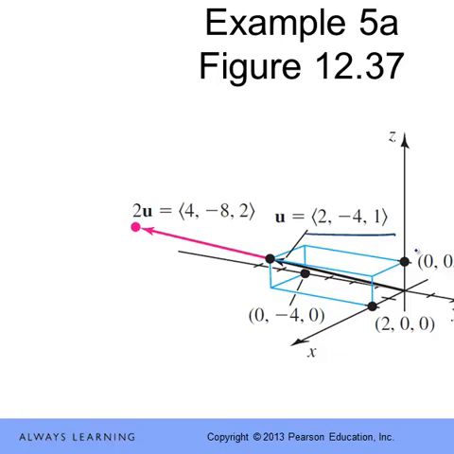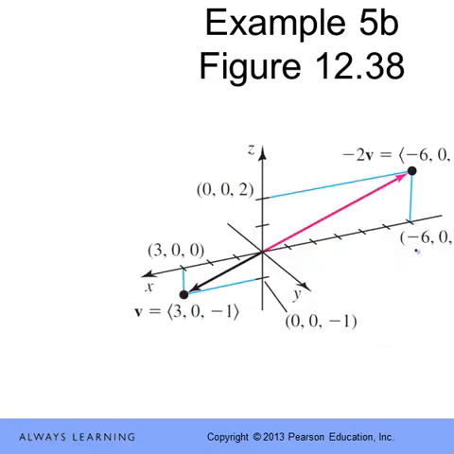If you multiply by the scalar 2, then geometrically that results in a vector that points in the same direction, but is twice as long. The components of the vector 2u will be the components of vector u multiplied by 2. 2 times 2 is 4. 2 times -4 is -8. 2 times 1 is 2. That's how you take a scalar multiple of a vector. Algebraically, you just multiply the components by that scalar.